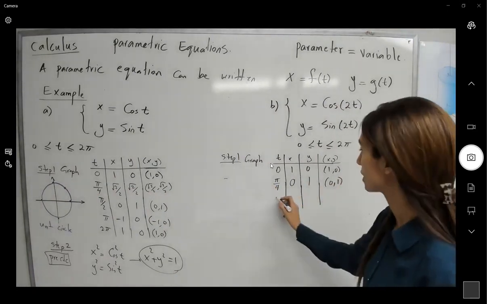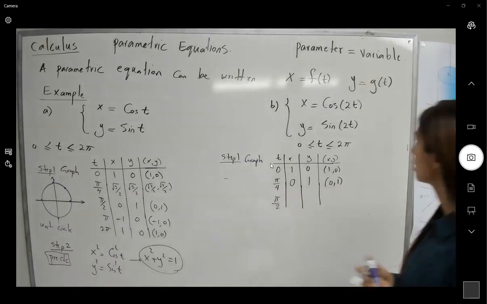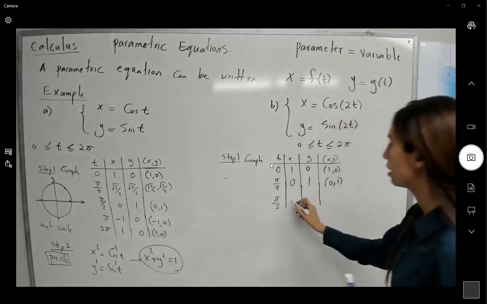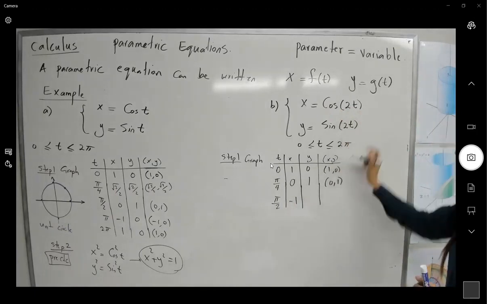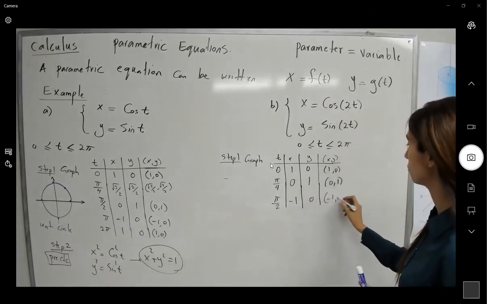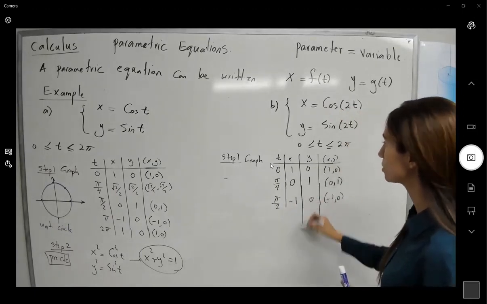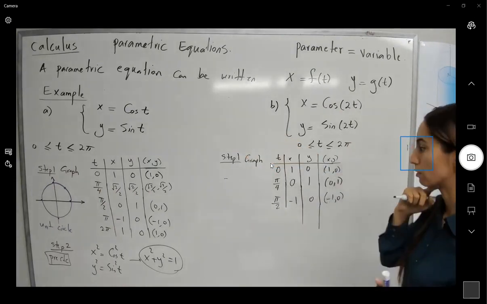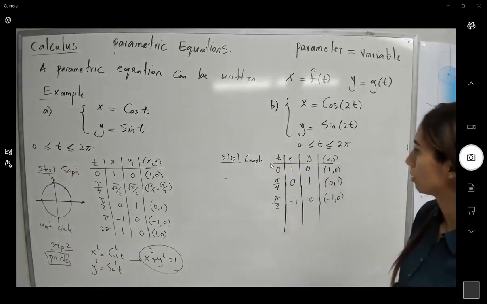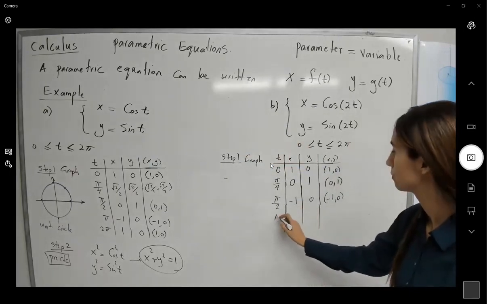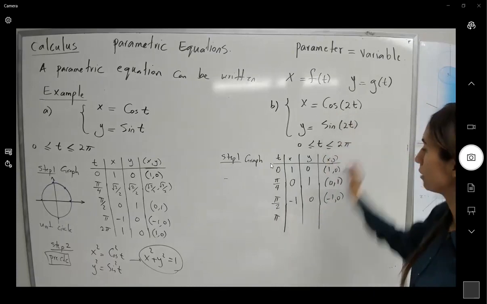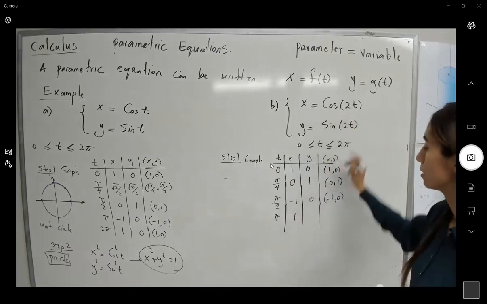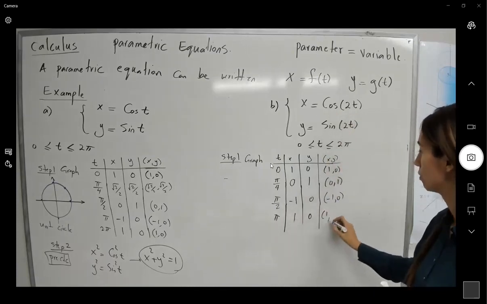If I plug in, for example, pi over 2 here, I get cosine of pi, which is negative 1, and sine of pi, which is 0, negative 1 and 0. It seems like this particle is moving faster than that particle. If I plug in pi, I get cosine 2 pi, which is 1, and sine 2 pi, which is 0, 1 and 0.